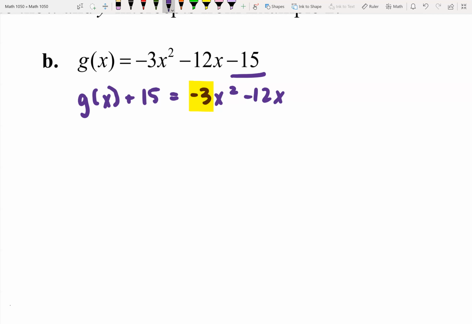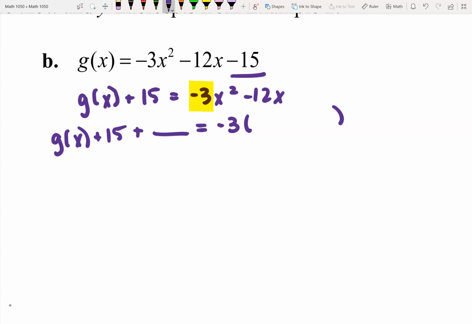It cannot be there. So whatever's there, whether it's a negative or a positive, you take out exactly what's there because the whole thing can't be there. So everybody write down g of x plus 15 plus blank equals negative 3 parenthesis.